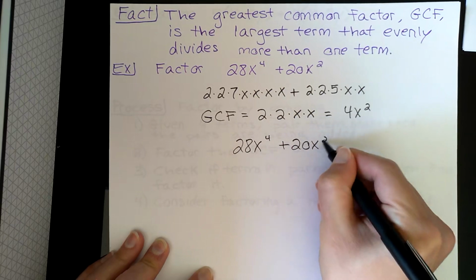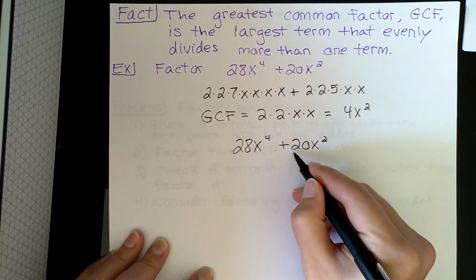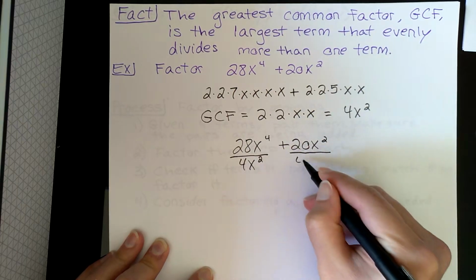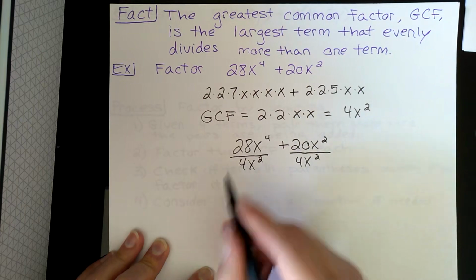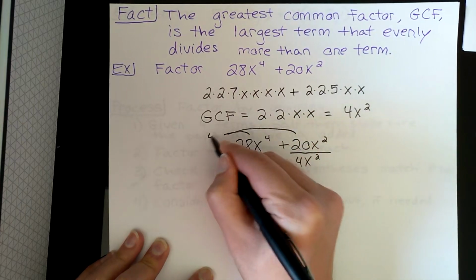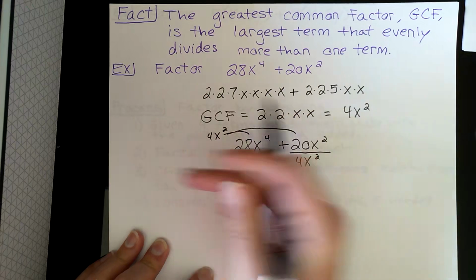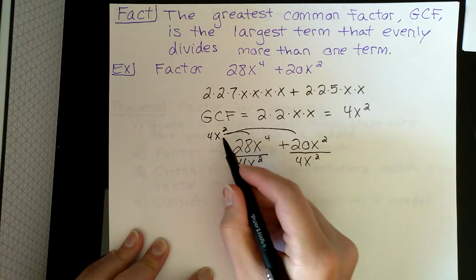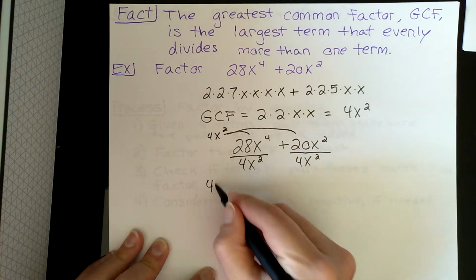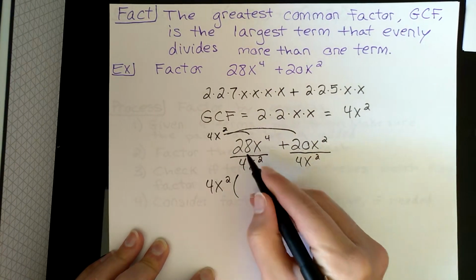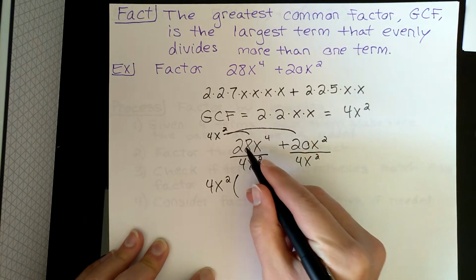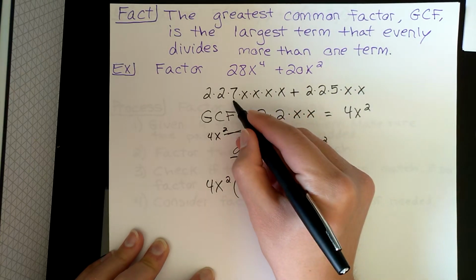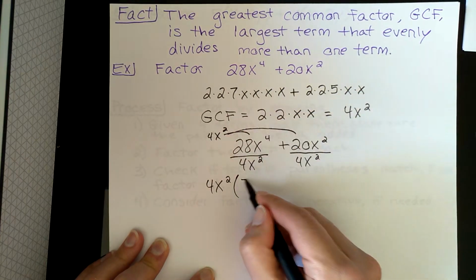When you factor this out, what that means is you are going to divide each term by 4x squared when you factor out a 4x squared. So, when we factor that out, meaning we divide it from each term, 28 divided by 4 just leaves us with that 7 that we had left over.